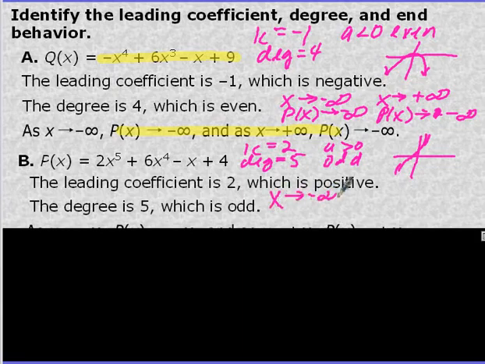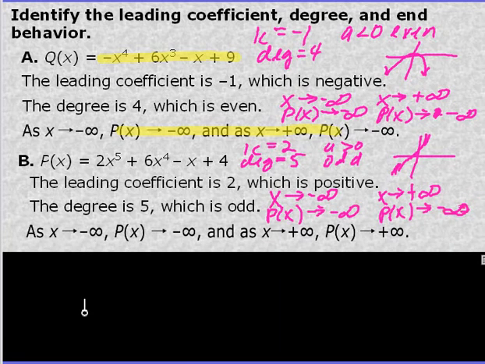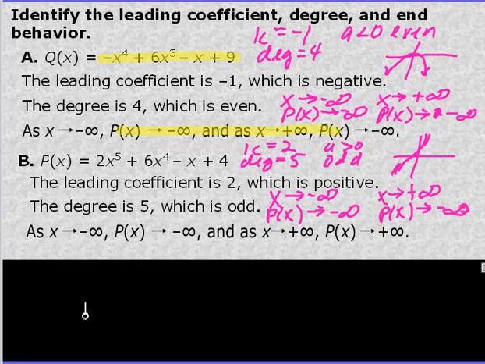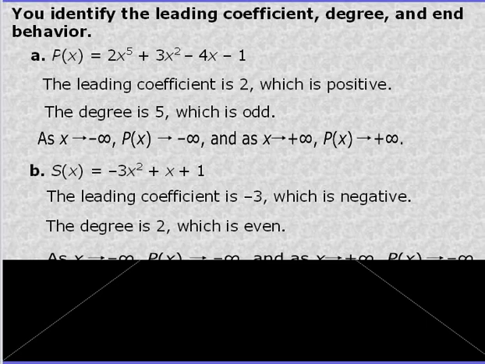It's going to negative infinity. However, as x goes to positive infinity, I see that my graph is also heading toward positive infinity. Okay, so those are my examples. You should try this one and see if you can get the right answer on that.